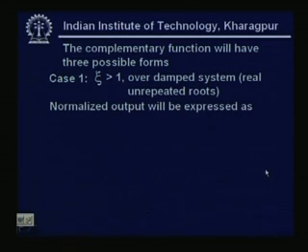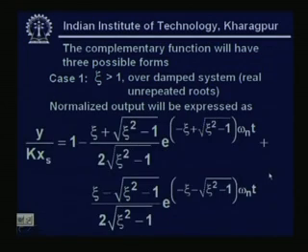The normalized output will be expressed as y upon k xs equal to 1 minus (xi plus square root of xi square minus 1) upon 2 square root of xi square minus 1, multiplied by e to the power minus (xi plus square root of xi square minus 1) omega n t, plus (xi minus square root of xi square minus 1) upon 2 square root of xi square minus 1, e to the power minus (xi minus square root of xi square minus 1) omega n t.